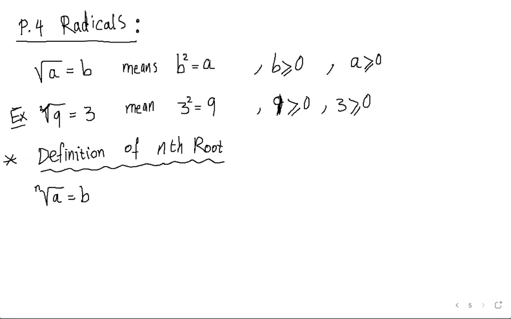For square root, anything under the radical must be positive. It must be positive for any square root. Square root of 16, square root of 17, square root of 18. We don't say square root of minus 16. This is wrong, right? This is not in real numbers. This is in different things.